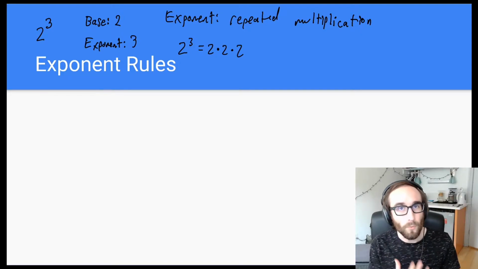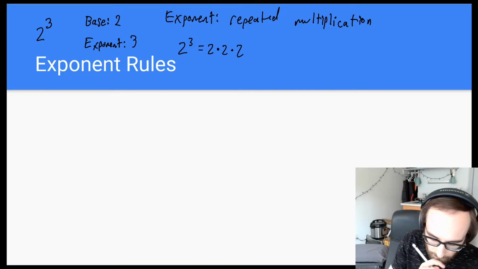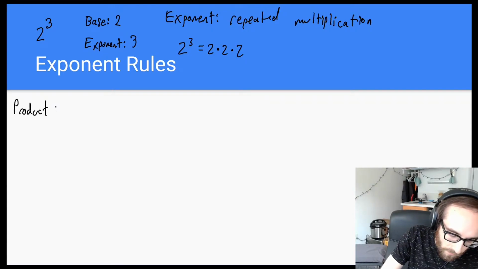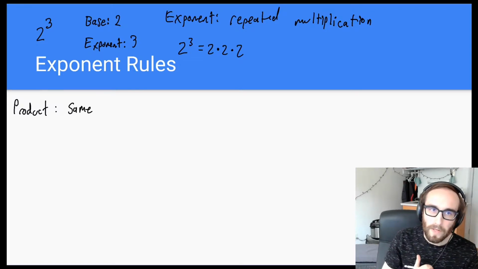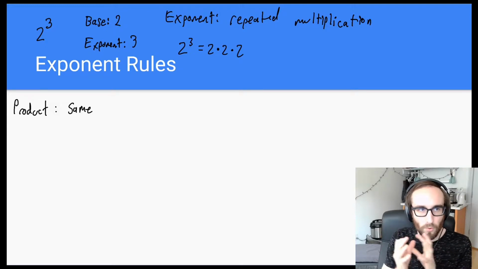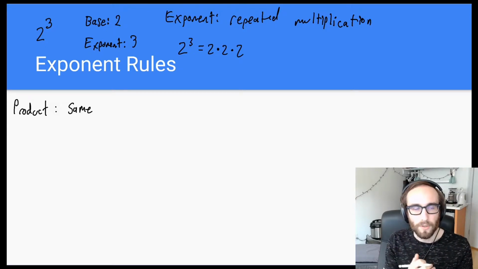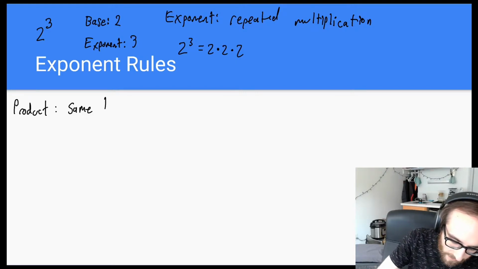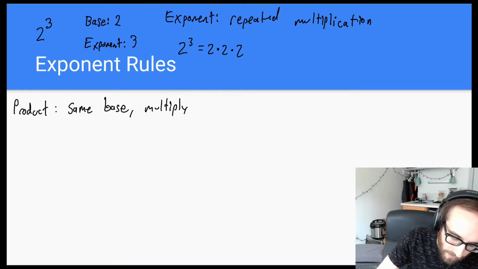Next, let's take a look at some of the rules that we have for exponents. First, we have the product rule. If we're multiplying 2 expressions or 2 numbers, and we have the same base, then we can add the exponents together.